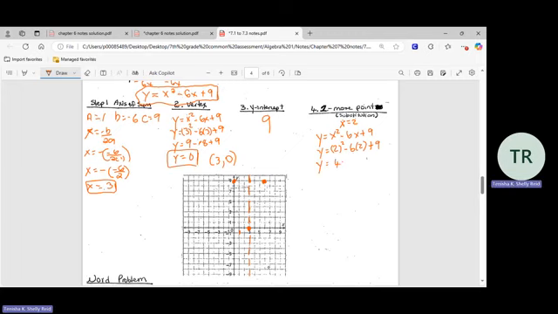So y is equal to 4 minus 12 plus 9. And so y is equal to 1. So when x is 2, y is 1. And then we would reflect that across the axis of symmetry.